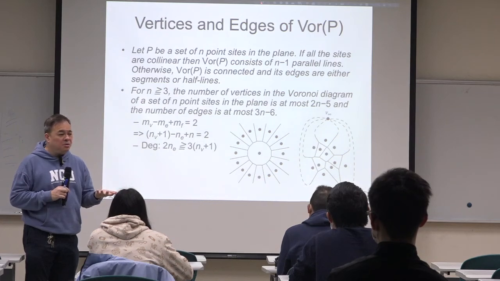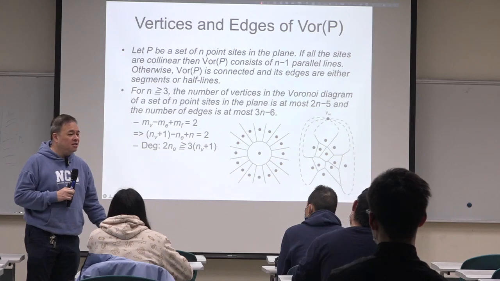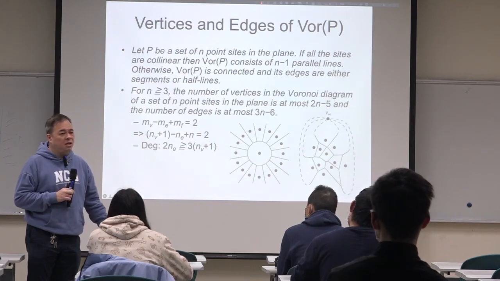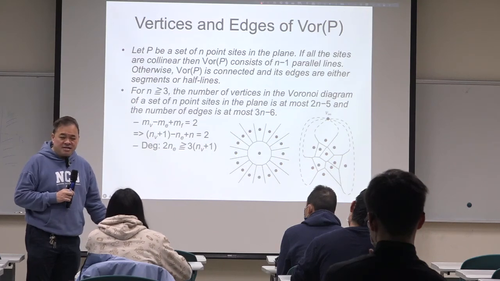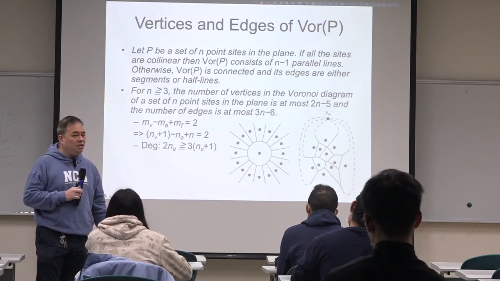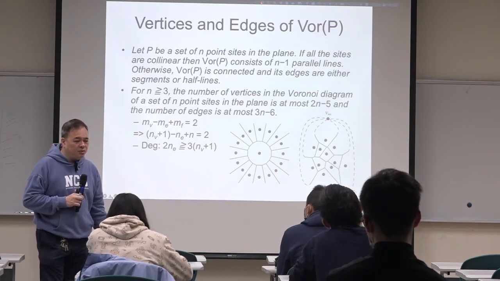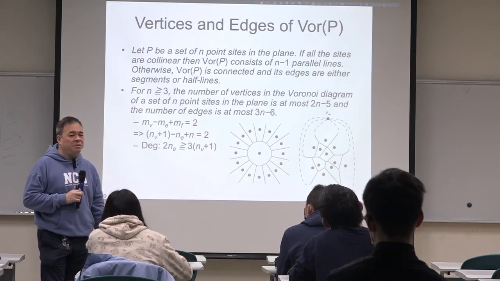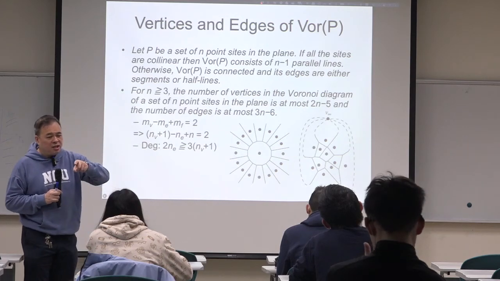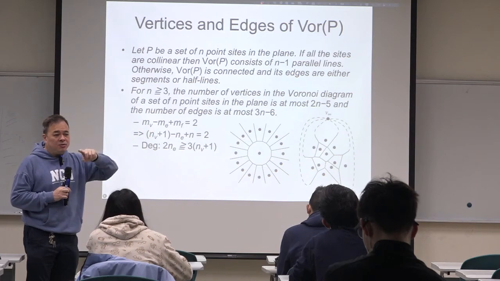And if you still remember the handshake theorem that you learned from discrete math, then you should know that the total degree equals 2 times the number of edges, because each edge contributes 1 degree for each end.